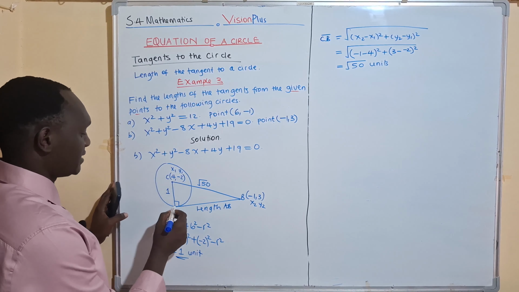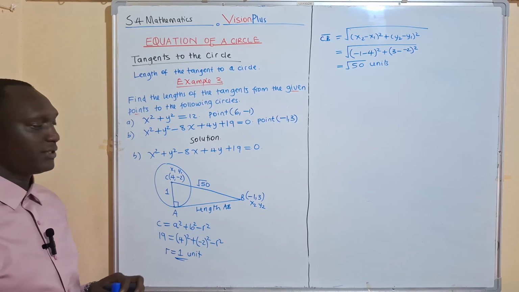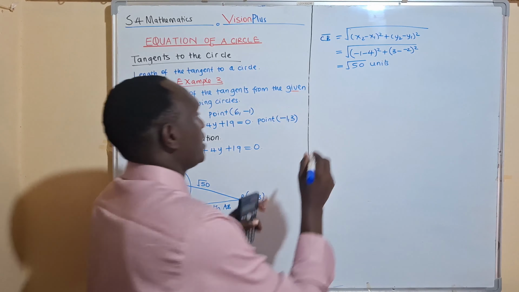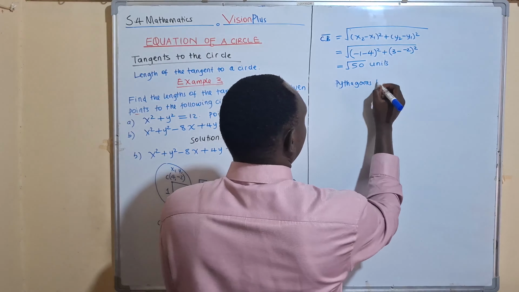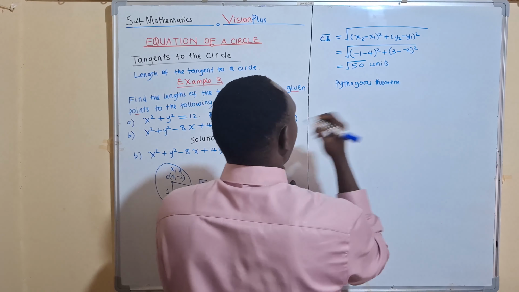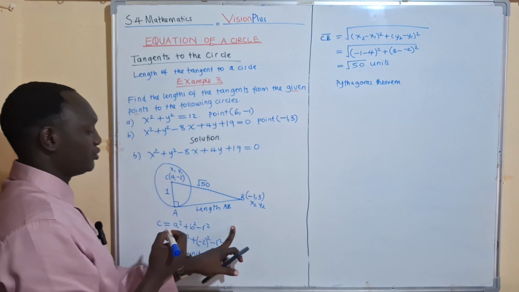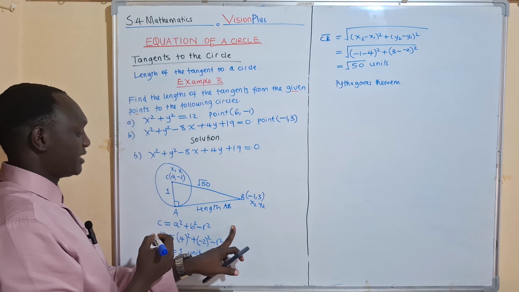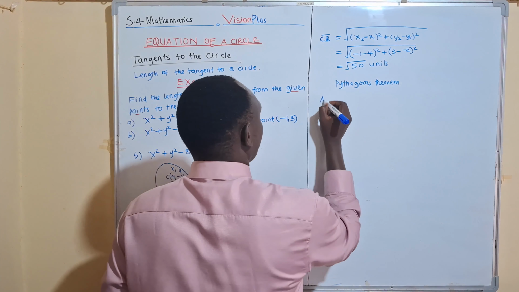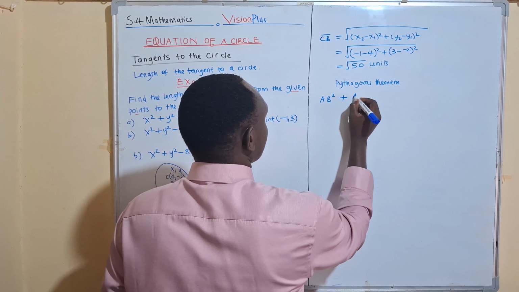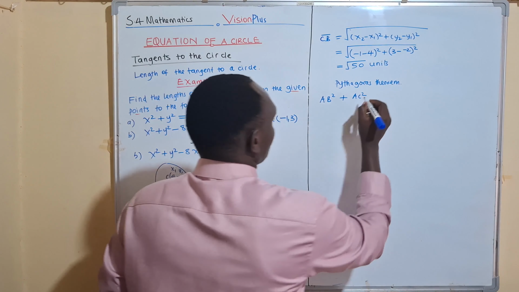Now that we have the distance AC and CB and it is a right angle triangle, the properties of Pythagoras theorem apply. It says that the sum of the squares of the two shorter sides equals the square of the longest side. The longest side is CB in this case. So we shall have AB squared plus AC squared equals CB squared.